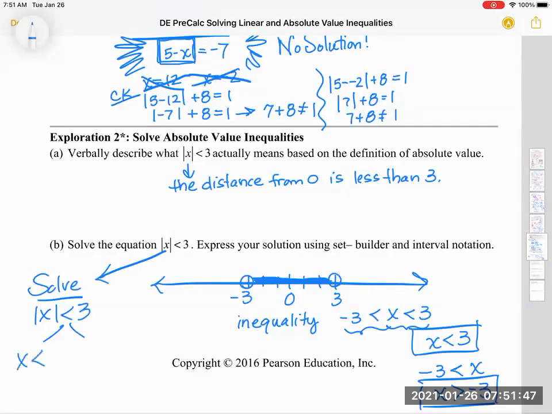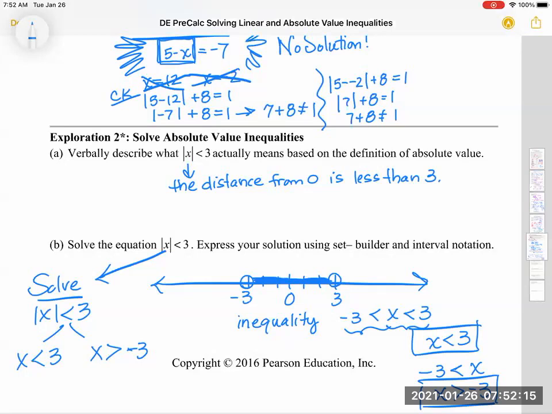Rewrite it identical to what you started with, then flip the sign on the second one and make the number negative. So it all comes from the definition of absolute value. That's why you end up having to flip the sign, because you're going to have values on the right and on the left that satisfy that definition.